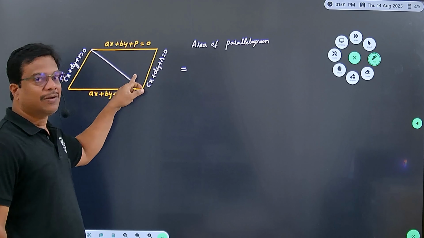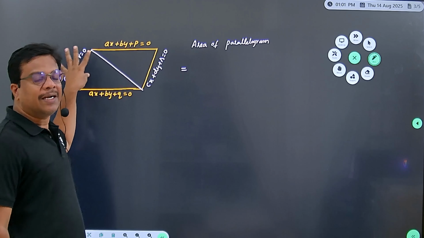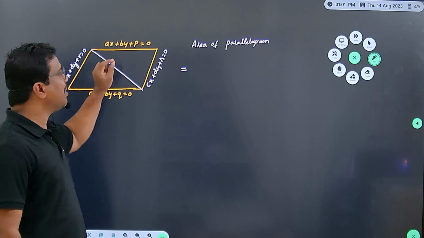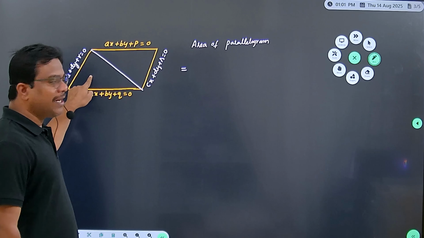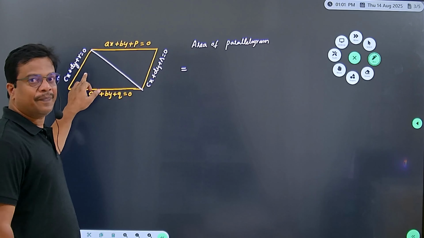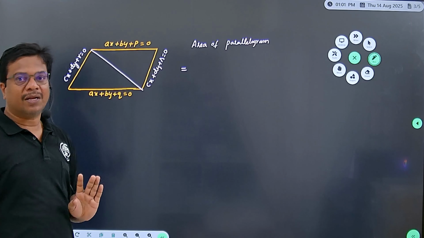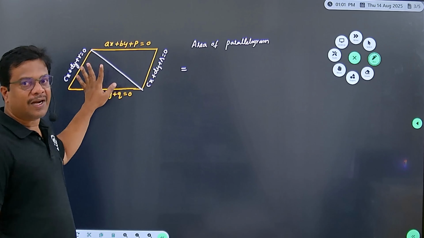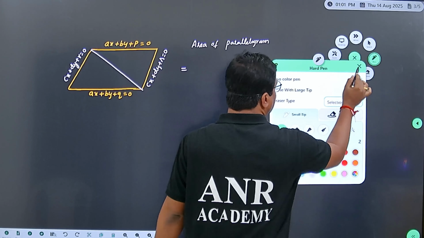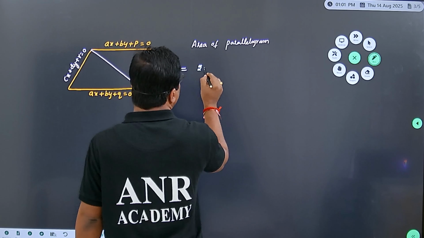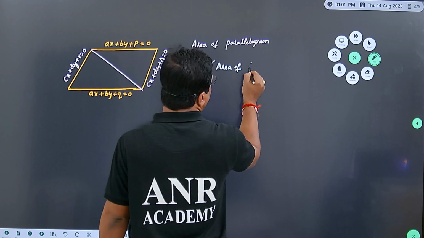If you draw a diagonal within the parallelogram, then the diagonal divides the entire portion into two equal parts, so just by calculating the area of this triangle and multiplying by 2, you will get the area of the parallelogram, that is double the area of the triangle. Here I am going to mention the result as twice the area of the triangle.